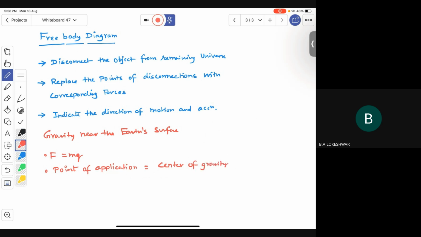But if I consider a point near the surface of the earth where the acceleration due to gravity is constant, in such a case, what is called the center of gravity, which you don't have to know right now, is the same as the center of mass. And the thing that you have to know is where it acts.